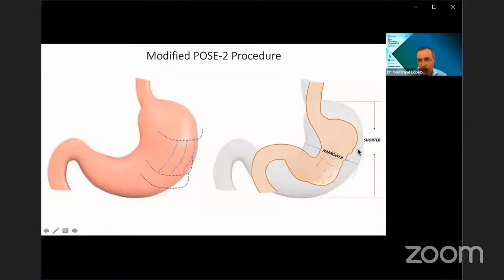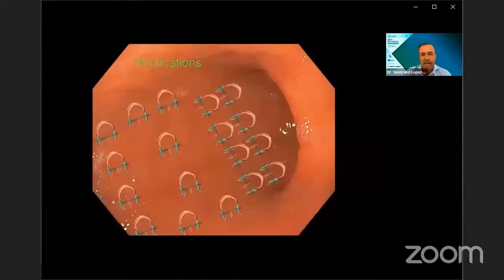The aim is to narrow and to shorten the stomach. And this is more or less how we did the pattern in the first cases and the study that I'm going to connect slides later.